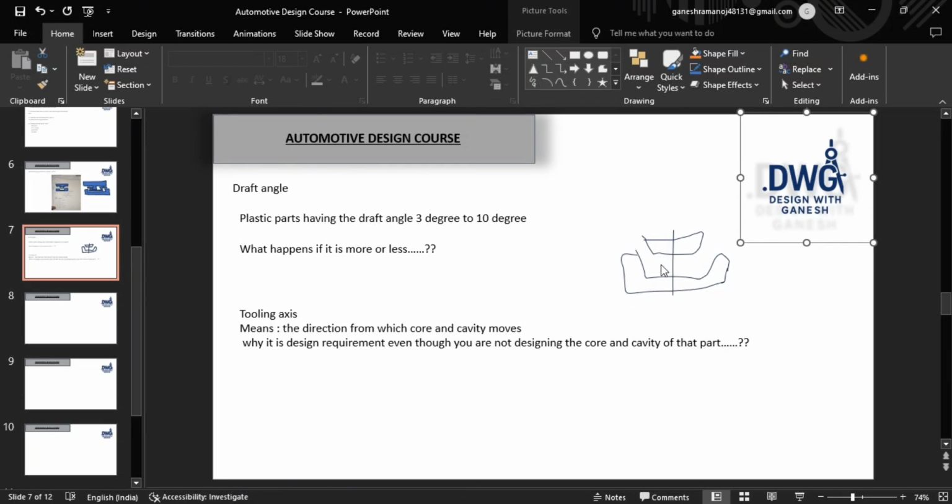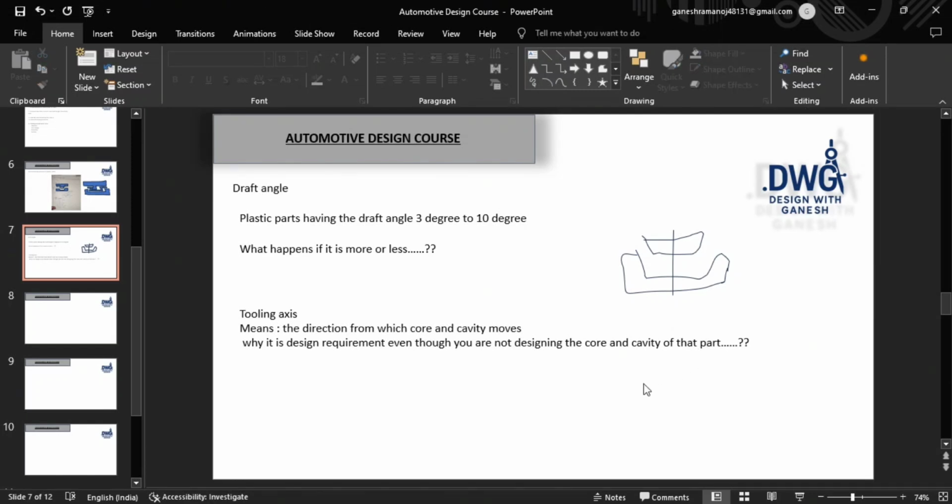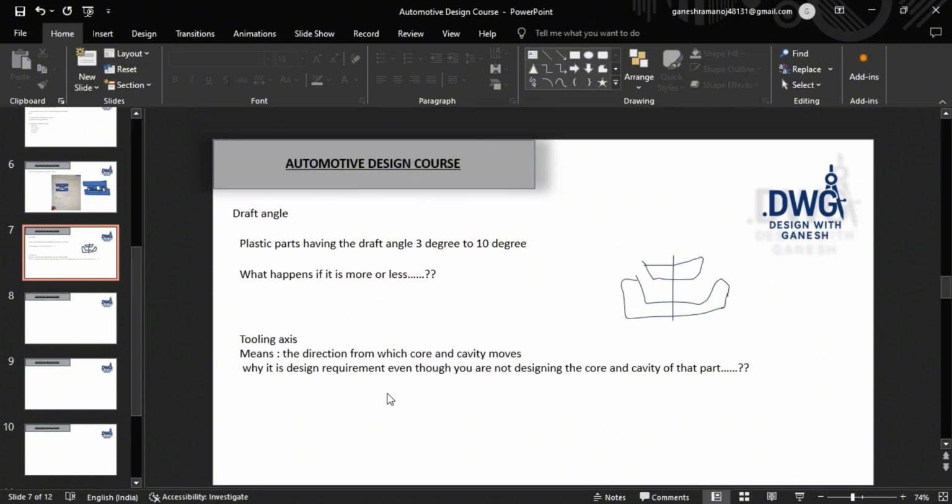It is not a direct design requirement of the plastic product designer, but it contributes more to the core and cavity designer. I think you will find the answer by yourself by the end of this session. Now let's talk more about the tooling axis.